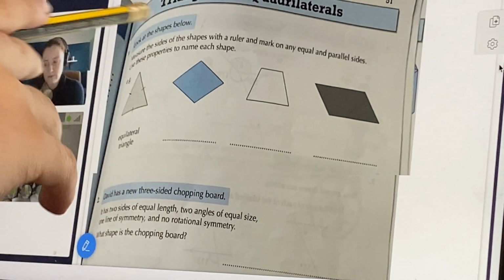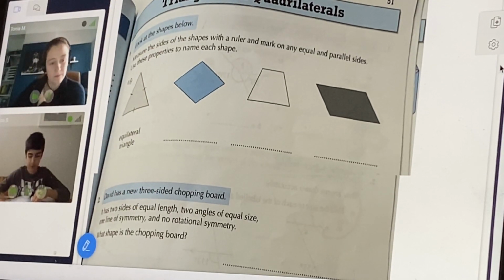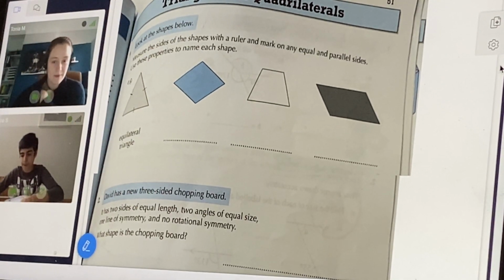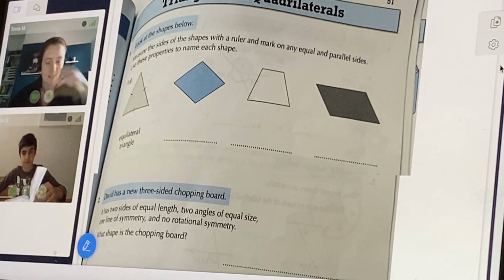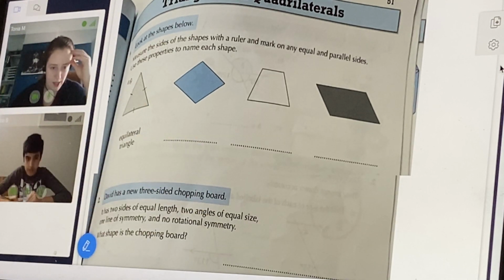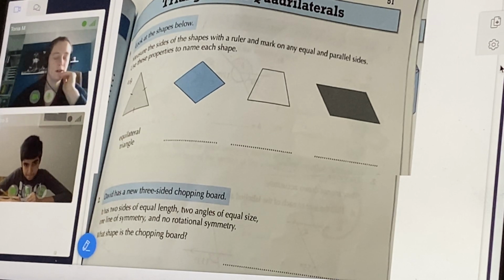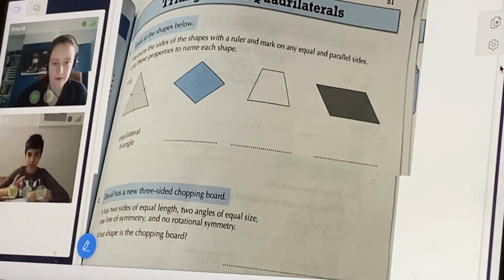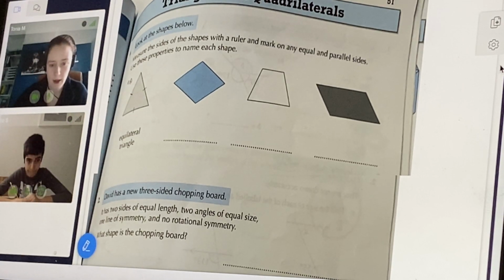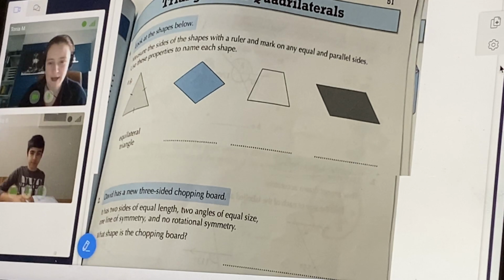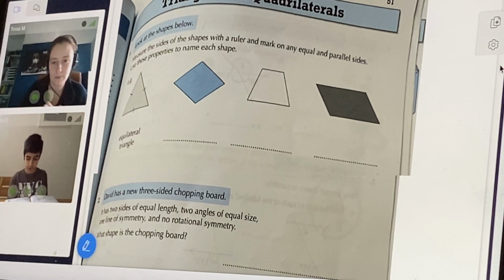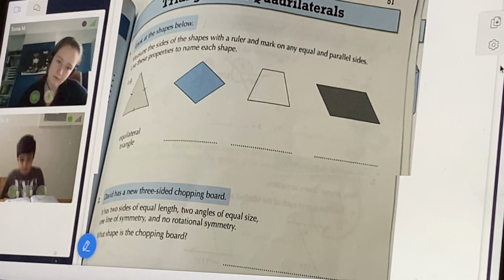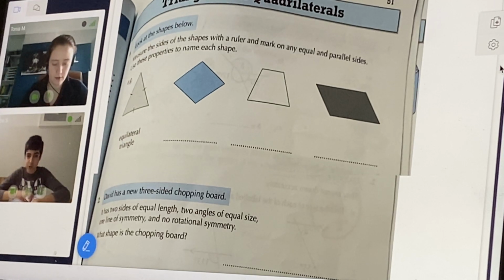Let's do the page one. So I think on Friday we did question 1 on page 51. Yeah, we did question one. So I'll just go through the answers again. We won't measure them again. So, do you remember what they're called? The first one's a rhombus.